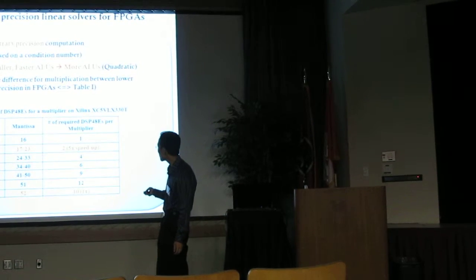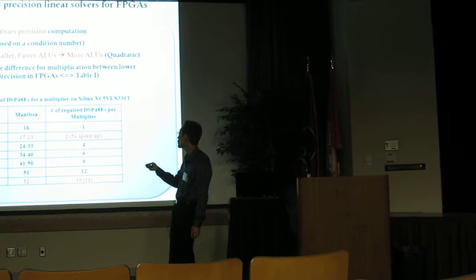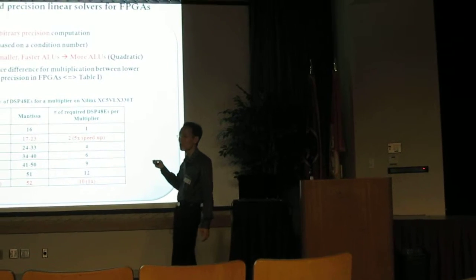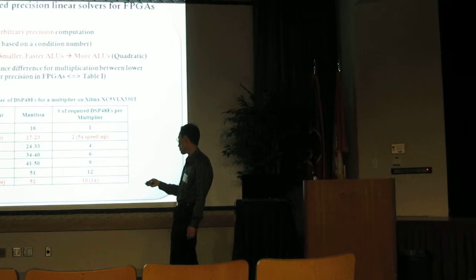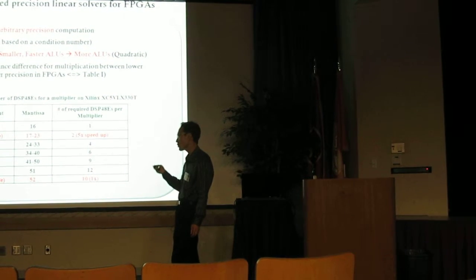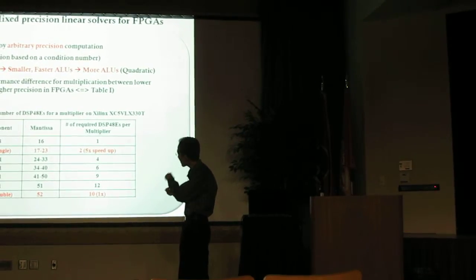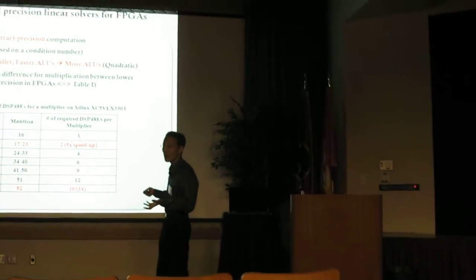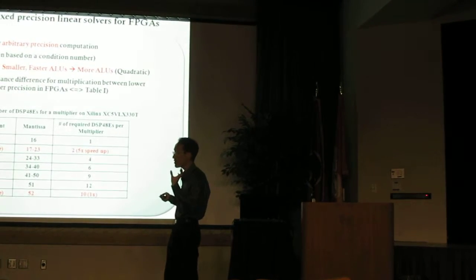When you look at the table, when you employ single precision, you need 2 DSP48A blocks to implement one floating point multiplier. If you employ double precision for the multiplier, you need 10 DSP48 blocks. So the size increases quadratically according to the mantissa bit width.